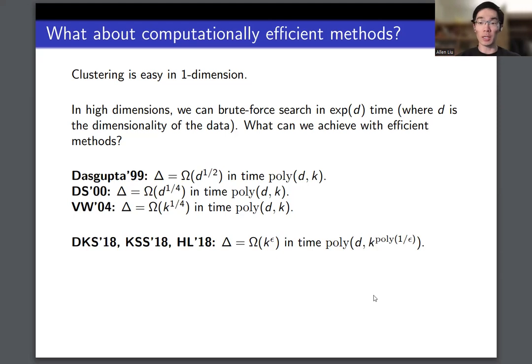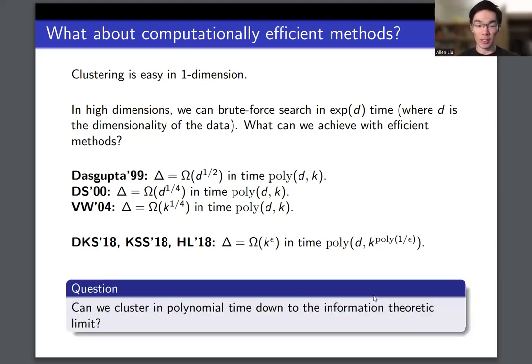This is close to the information theoretic limit, but it does not actually reach it. If we wanted to reach the information theoretic limit, we would need epsilon to be something like 1 over log k, and these algorithms would require quasi-polynomial runtime instead of polynomial runtime. So the question that we'll seek to answer here is: can we cluster in polynomial time down to the information theoretic limit? Recall the information theoretic limit is root log k.